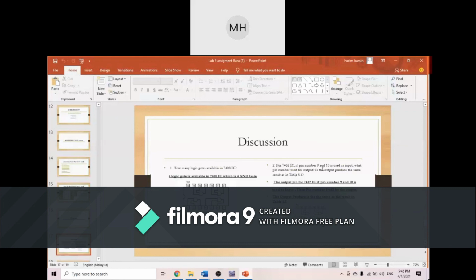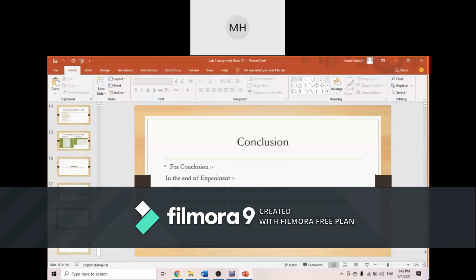If pin number 9 and 10 are used as input, what pin number is used for output? Does the output produce the same result as in table 5.1? Our answer is that if pins 9 and 10 are used as input, then pin number 8 will be the output. The output produces the same result as in table 5.1.